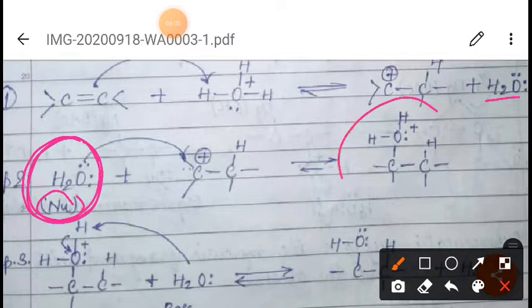As you can see, it is forming a protonated alcohol, right? Next, in the third step, loss of H+ ions from oxygen, or we can say deprotonation, takes place to form alcohol.